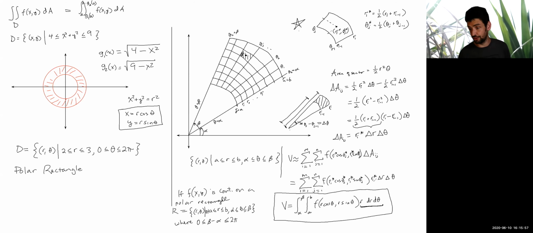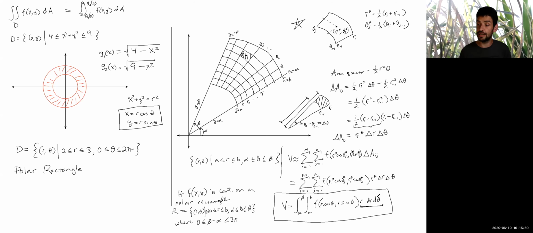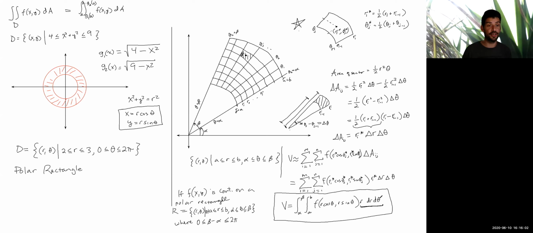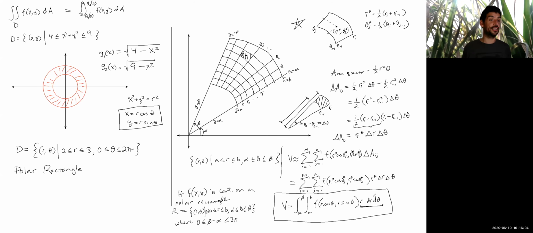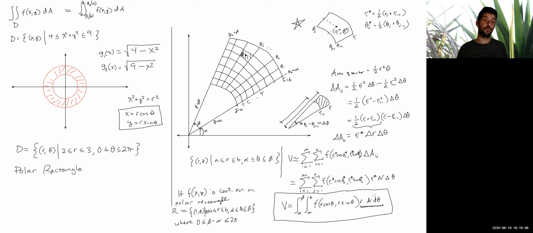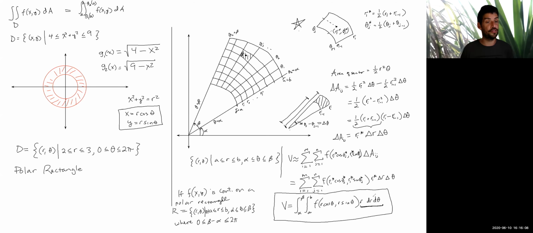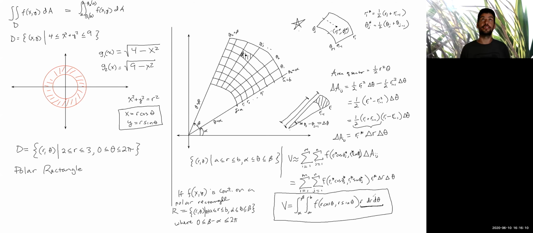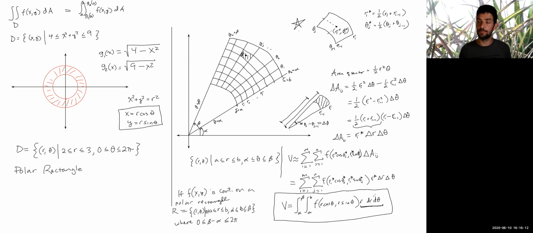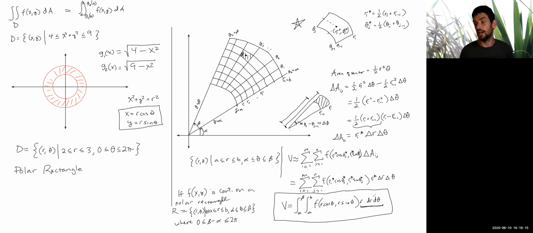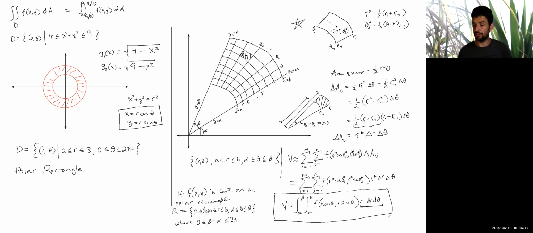Well, this is the version of that in higher dimensions. dy dx gets replaced with r dr d theta. Just like if you do u equals x squared, x dx becomes 1/2 du, right? So this is how this is going to work out.